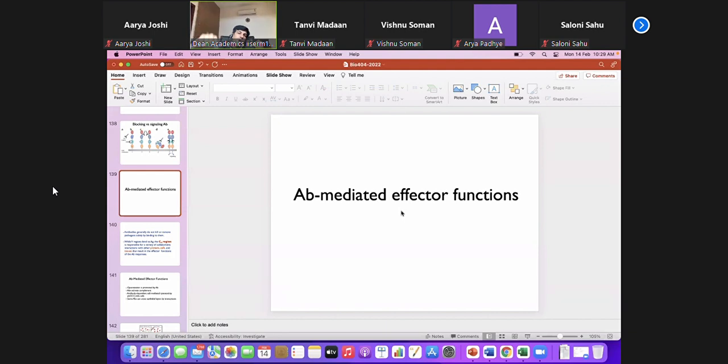So this is called antigen cross presentation, not cross antigen presentation. Normally it was supposed to be loaded onto MHC class 2, but now it is loaded onto MHC class 1 to activate your cytotoxic T cells. This is in brief. We are going to talk about the details of these three pathways.